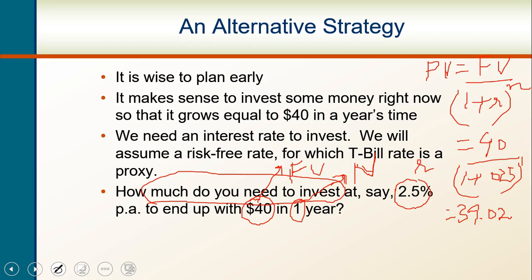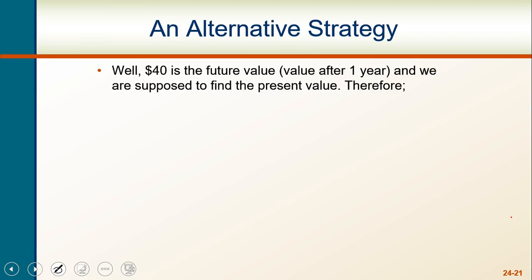So just to recap what we did: $40 was the future value and we were supposed to find the present value. Therefore, we computed the present value by doing this. You could also use your financial calculator, where FV would be 40, I/Y would be 2.5, N would be 1, and you would compute the present value.